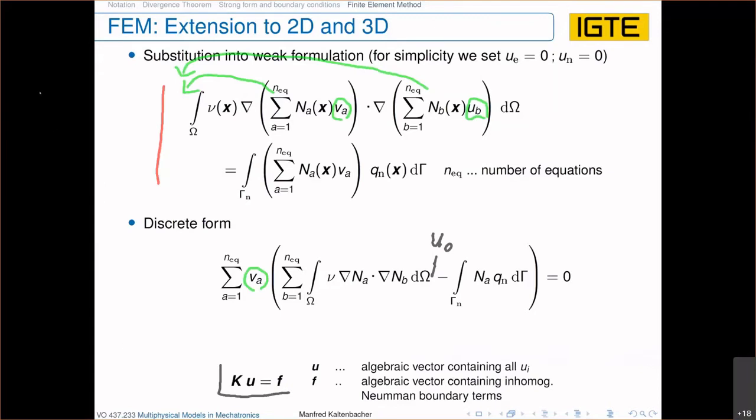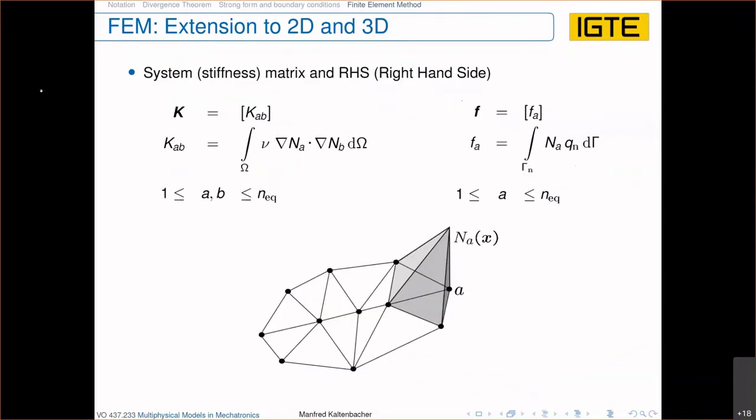Now let's have a closer look at how they are computed, which is shown here. We have these entries K_AB, and K_AB is simply computed by this equation.